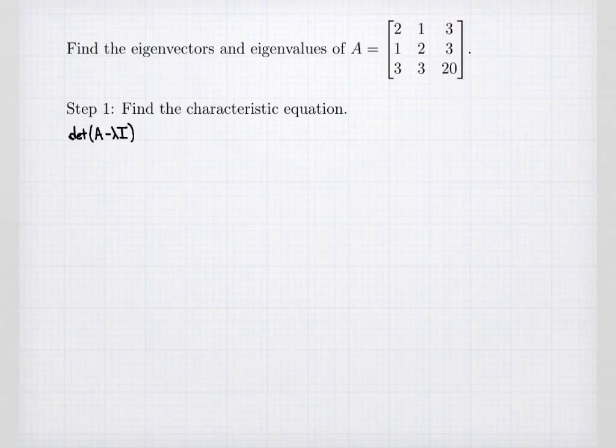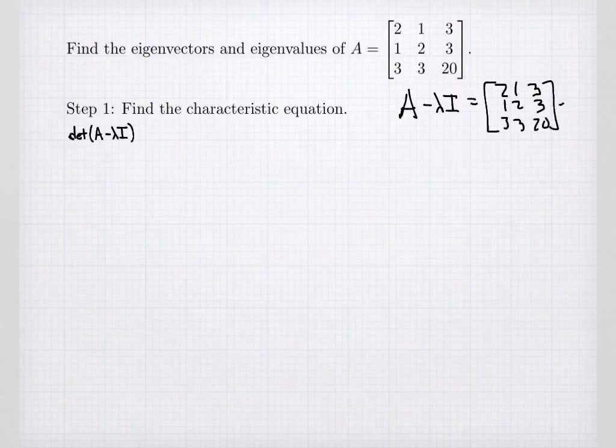So what that means is we're going to take our A matrix, and we're going to subtract the identity matrix with lambda on each of the diagonal terms. So 2, 1, 3, 1, 2, 3, 3, 3, 20, and we're going to subtract lambda 0, 0, 0 lambda 0, 0, 0 lambda, and find that new matrix. So that will be the determinant.